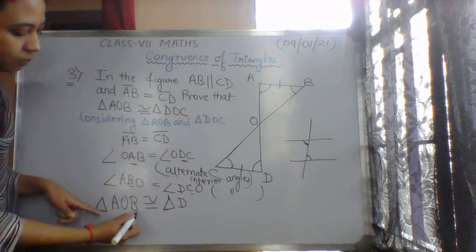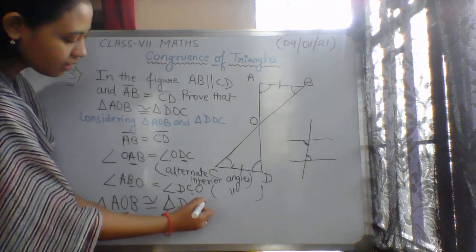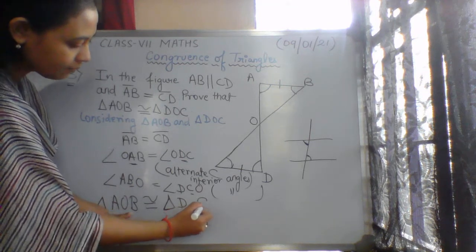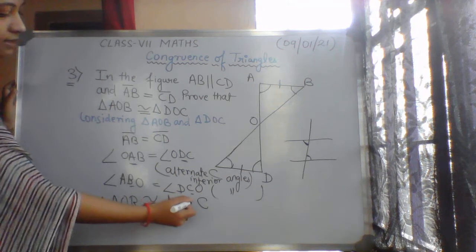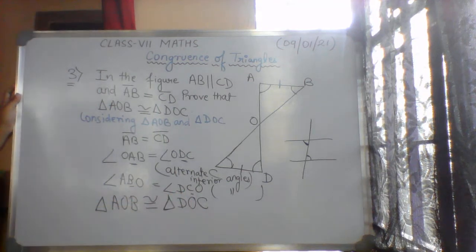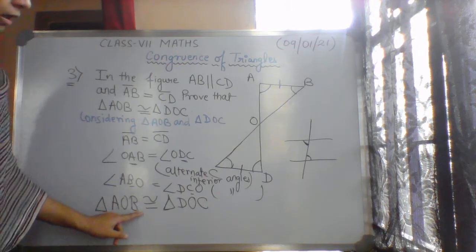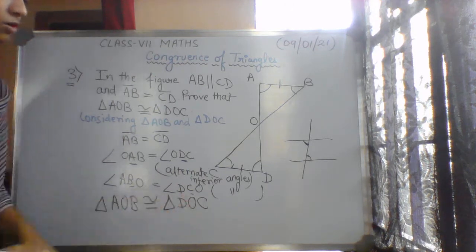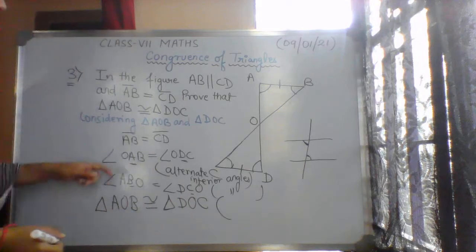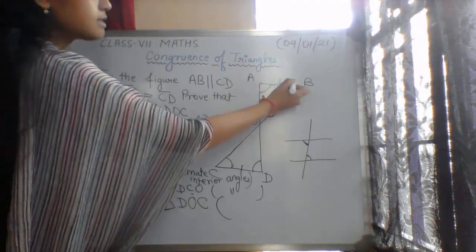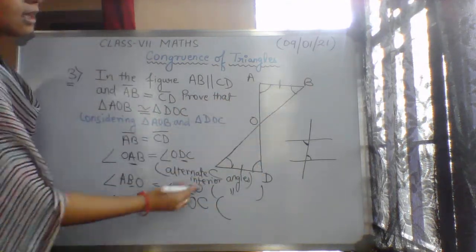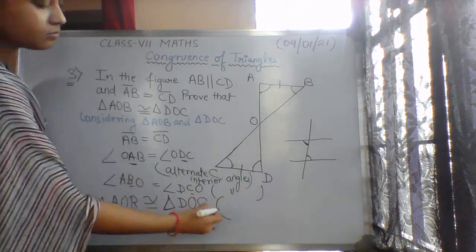B is in the third position, so I have to write C in the third position. And what is left? You can easily write O is left, so write O in the second position. So triangle AOB is congruent to triangle DOC by which criteria? Angle side angle. Okay, angle side angle.